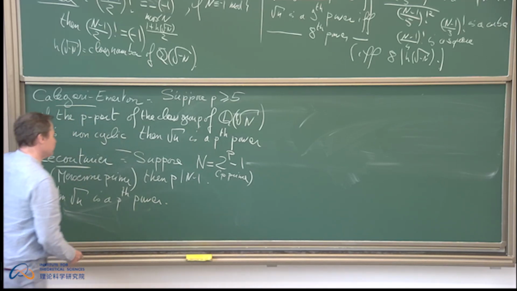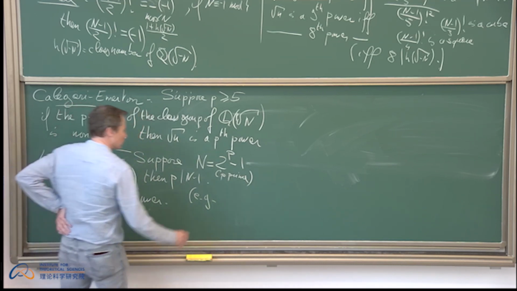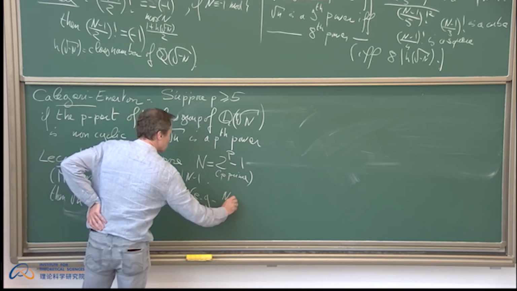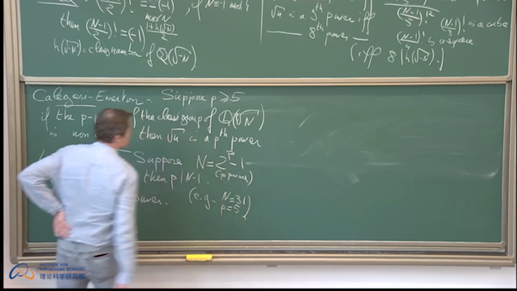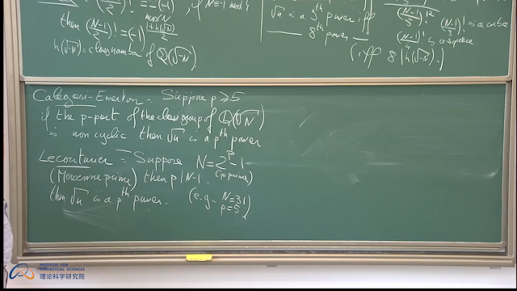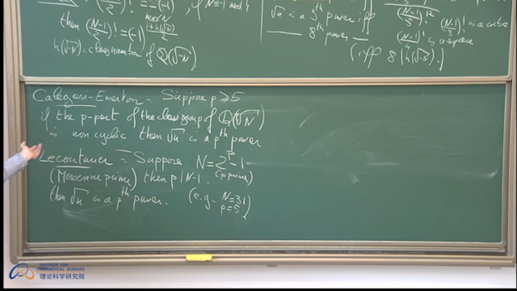An example of this is n equal 31 and p equal 5. So the generic situation is rather that the square root of u is not a p-th power. But for Mersenne primes, it happens every time.